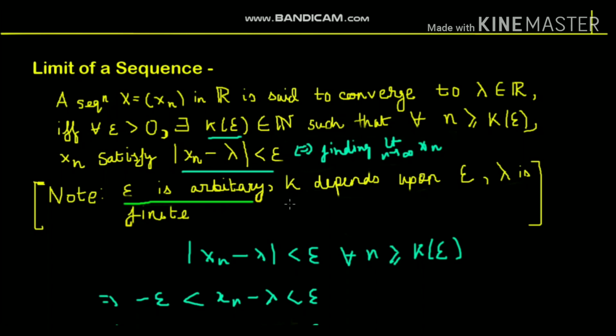So, coming back to the notes, remember this thing: epsilon is arbitrary and k of epsilon depends upon the choice of epsilon, and lambda is a finite real number. So if all these conditions are true, then we can say that the sequence x converges. So these are the conditions for convergence of a sequence.